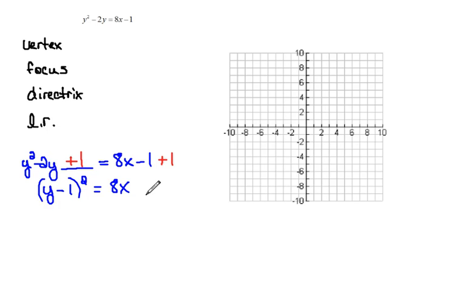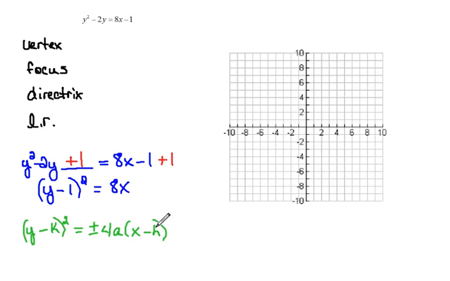Now that it's in this form, though, we can see much better exactly what's going to happen here. Because this is a y squared, that tells us that it's going to open either to the left or the right. Remember, your y squared generic formulas follow the pattern of y minus k squared equals plus or minus 4a times x minus h.